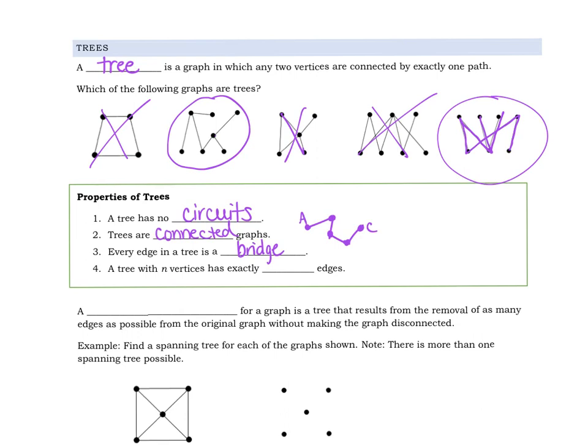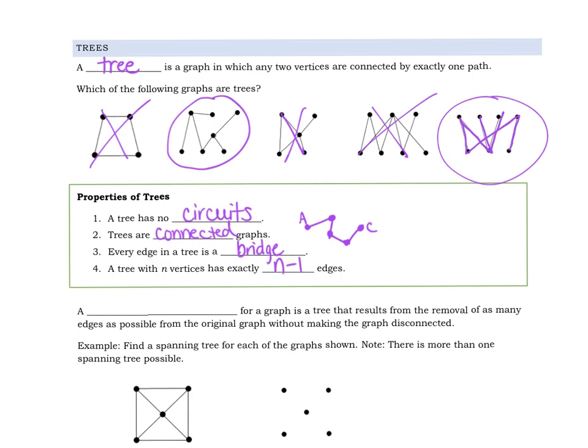And then the other part is that if there are n vertices, like 5 vertices in this graph, notice there are 4 edges. And so there's always one less edge than there are vertices. If you throw in a 5th edge, at some place, you have to create a circuit, okay? And that's what we're not going to do.